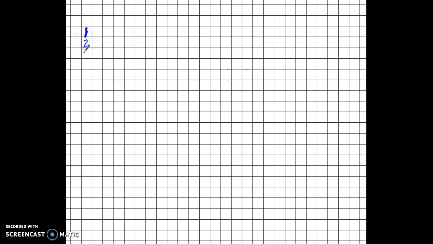So you start on the left side of your graph paper and you write 1 through 12 first. Okay, and then we put an X at the top and write 1 through 12 on the other side.